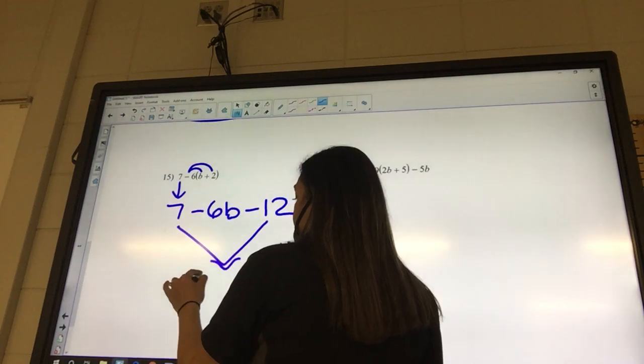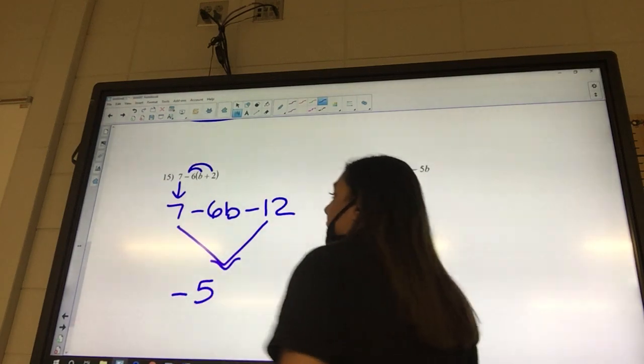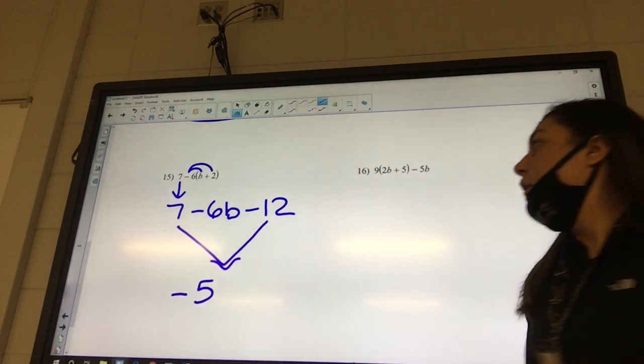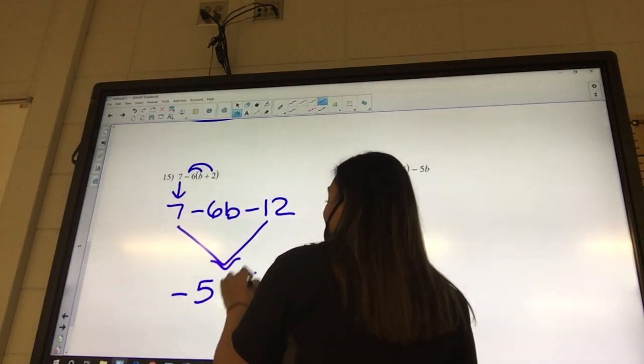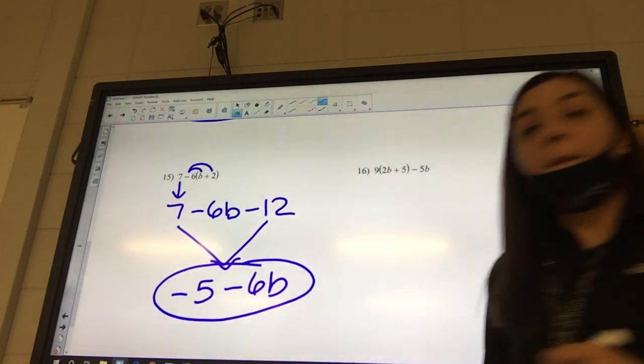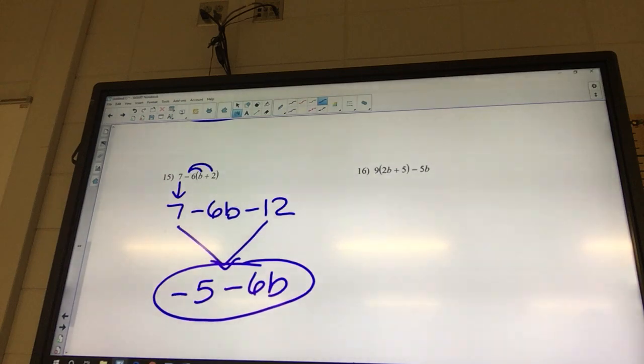Negative 19. No. Negative 5. Oh, I don't know why I did that. It was in the calculator. Yeah, I didn't clear it from the last one.